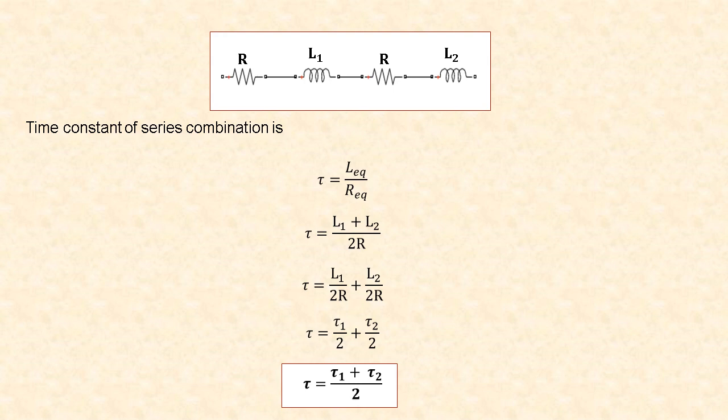Since both resistors have the same value, R equivalent is equal to 2R. Now tau is equal to L1 by 2R plus L2 by 2R. Here L1 by R is equal to tau 1 and L2 by R is equal to tau 2. So tau is equal to tau 1 by 2 plus tau 2 by 2. So tau will be equal to (tau 1 plus tau 2) by 2.